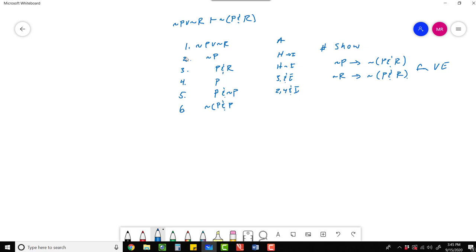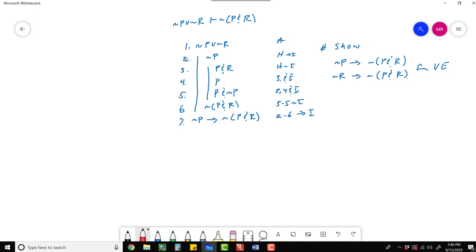It's not the case that P and R, right? Drop a line, that's 3 through 5, negation introduction. And of course, what we were trying to prove is the conditional, if not P, then it's not the case that P and R by 2 through 6, conditional introduction.